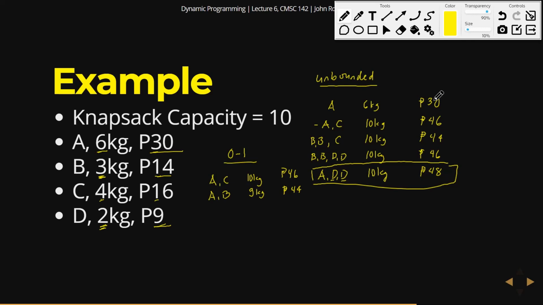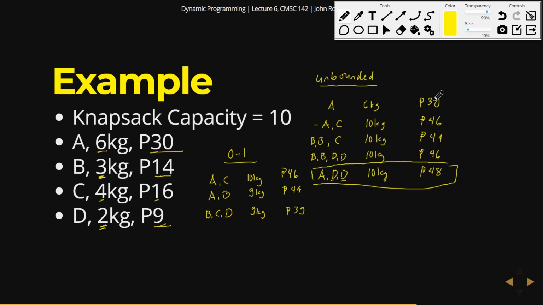Now, can we do BCD? What if we do BCD? So that would be 4 plus 3, 7 plus 2 is 9 kilograms as well. So that still fits. And then the total value would be 14 plus 16, this is 30 plus 9, it's only 39.